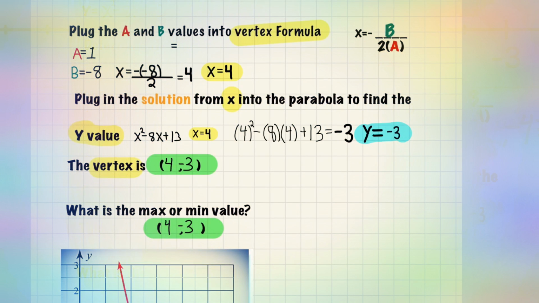Now that we know the x value for our vertex, we take that solution that we found, x equals 4, and we plug it in wherever we see an x in the original parabola function. So when we simplify here, we get y equals negative 3.